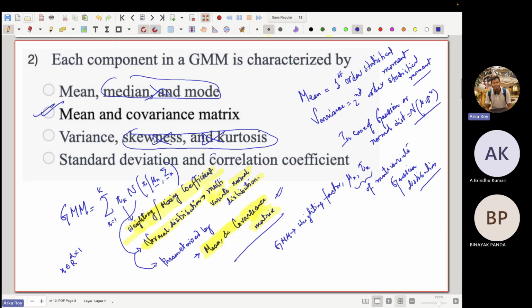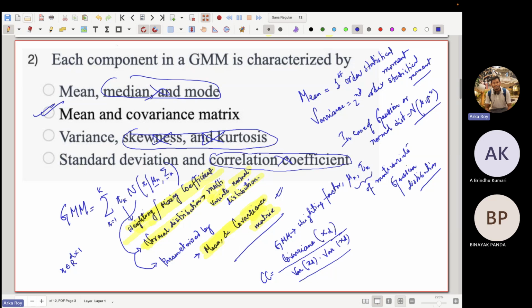The correlation coefficient is also actually not present. So what is the correlation coefficient? The equation of the correlation coefficient is the covariance of X and Y divided by the product of their standard deviations.